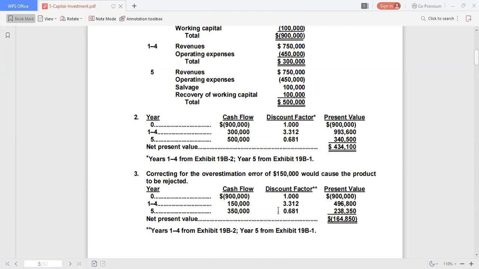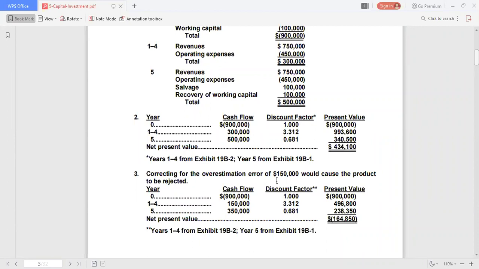Year 0, we have the outflow of 900,000 with the same discount factor. Years 1 to 4, the cash flow is no longer the original amount of 750,000 given. However, it stated that the revenue is overstated by 150,000.